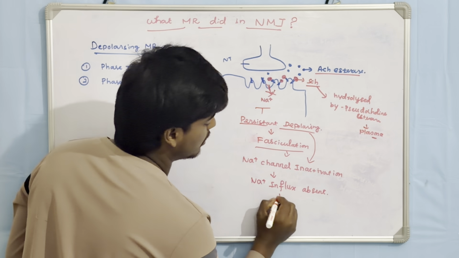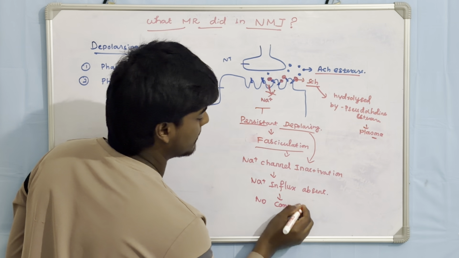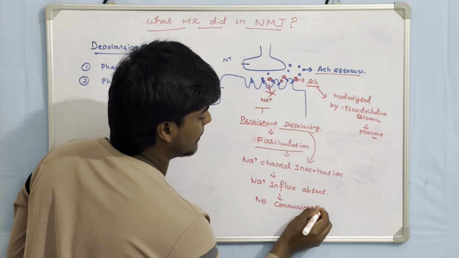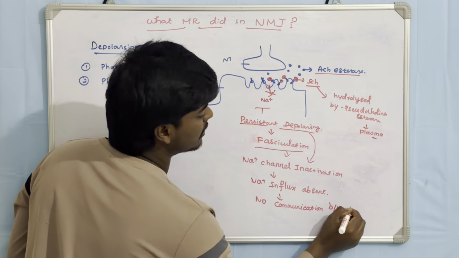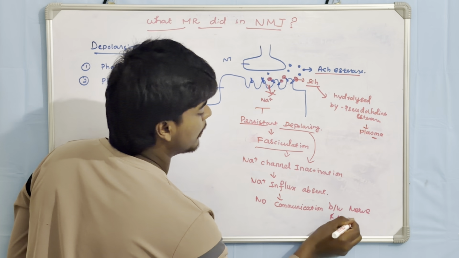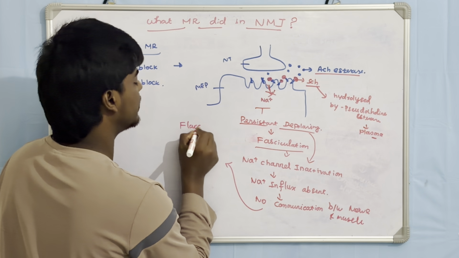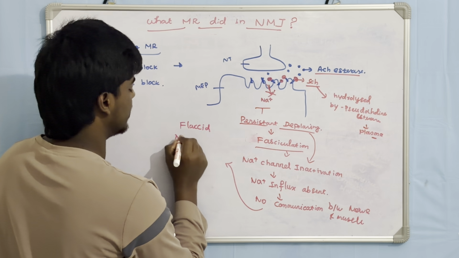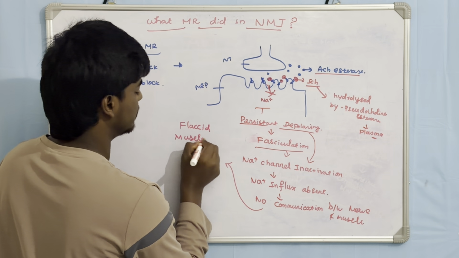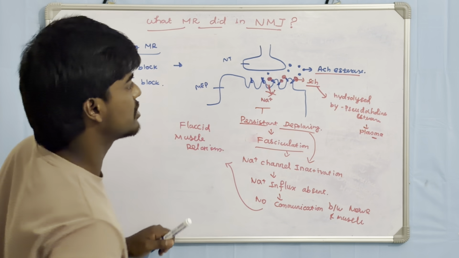So there is no communication between nerve and muscle, and it produces flaccid muscle relaxation. That is the first phase.